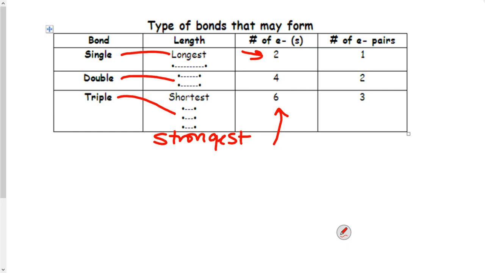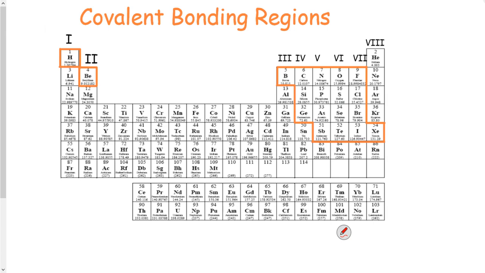So when we talk about electron pairs, you will notice that with a bond represented by a line, in order for a bond to form, you have to have electrons. So if we use dots to represent our electrons, we have to have two of them to form a bond. Our covalent bonding regions are also going to be the areas that reflect what we did in terms of naming.